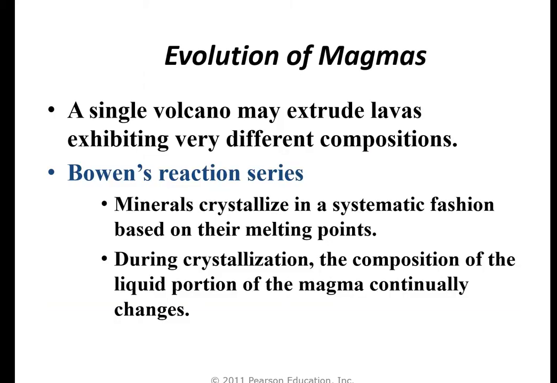One single volcano may extrude lavas exhibiting very different compositions. We have this example called Bowen's reaction series. Minerals crystallize in a systematic fashion based on their melting points. During crystallization, the composition of the liquid portion of the magma continually changes.